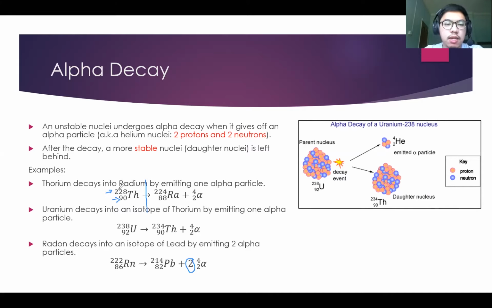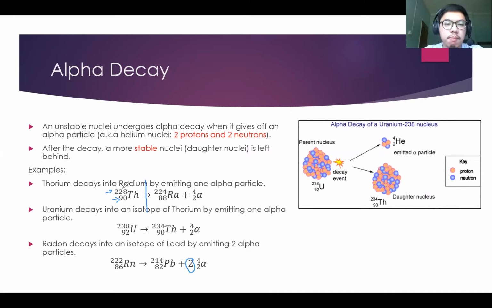Let's check out the mass number, or the nucleon number. Thorium on the left side of the equation is 228, and it should be equal to the number on the right side. So radium has 224, and the alpha particle has 4 nucleons. So here you go, 228 is equal to 224 plus 4, right?